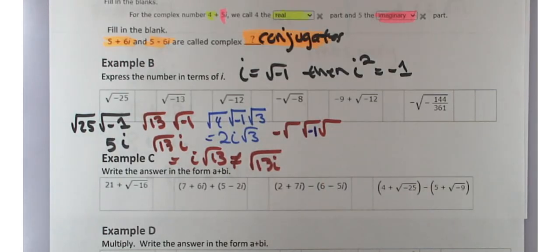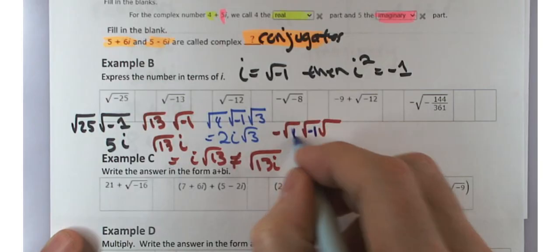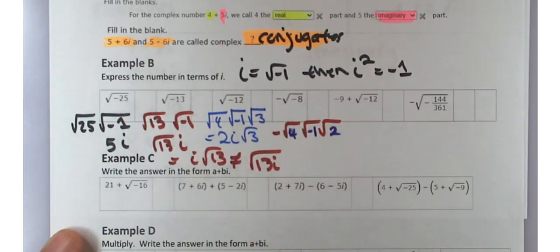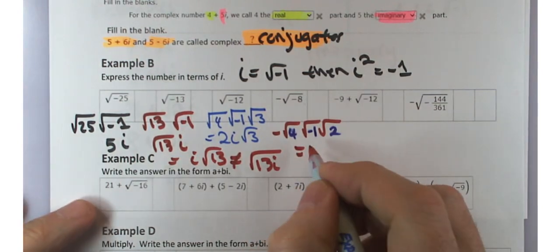How are we going to break up the square root of 8 then? What into what? 4 and 2. Nice. Overall, what's that going to look like? How does that simplify?